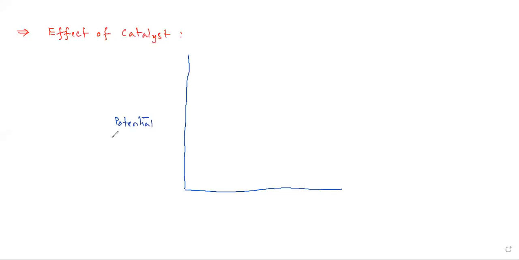Now it is the effect of catalyst. So let us plot a graph between potential energy and the reaction coordinate, or you can say progress of the reaction.